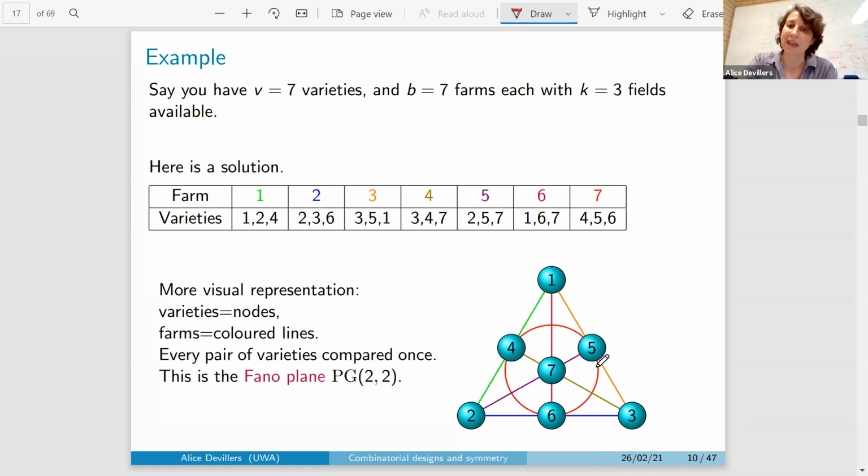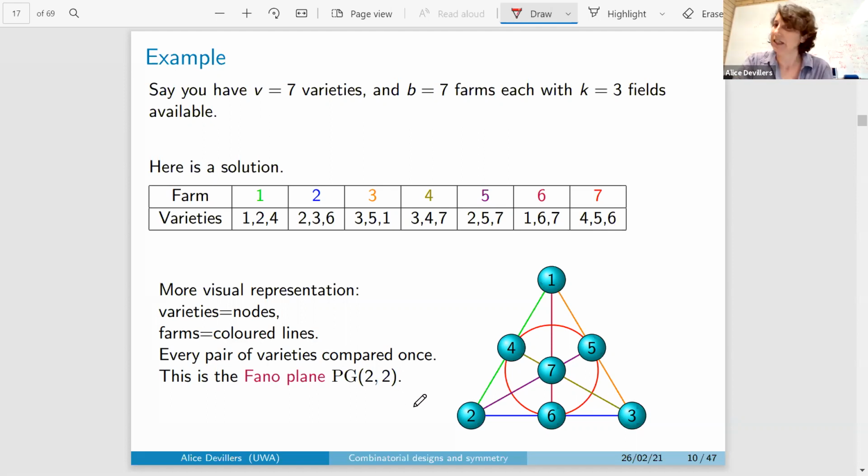So I have 6 blocks that look like straight lines and 1 block that looks like a circle. So block number 7 has varieties 4, 5, and 6. It's easier to see on the picture that any 2 nodes are on exactly 1 colored block.